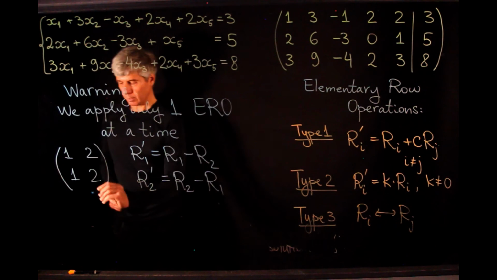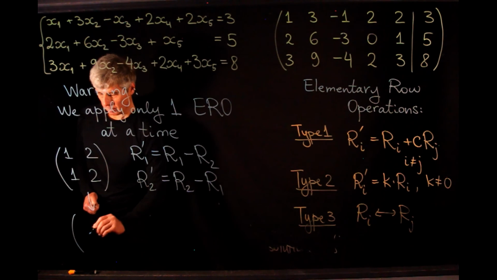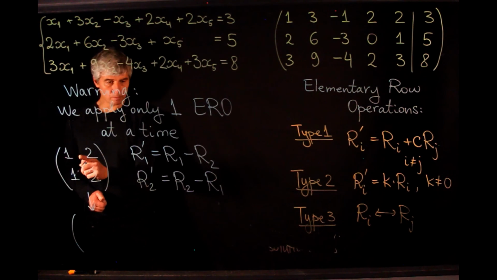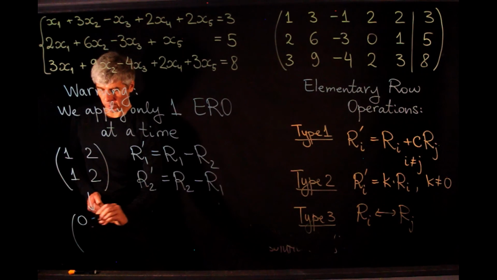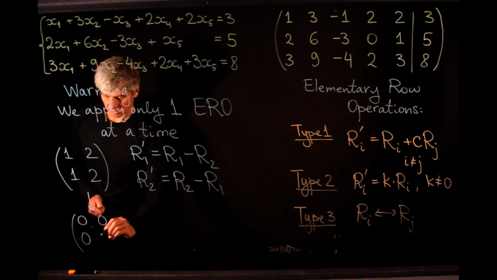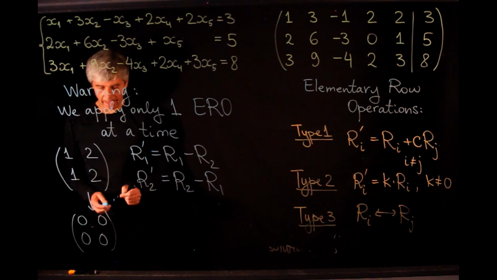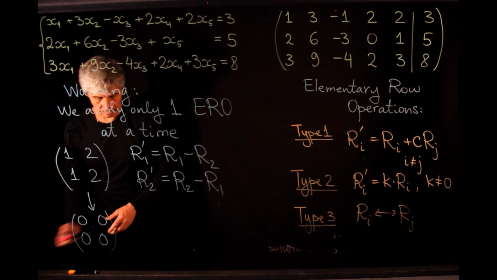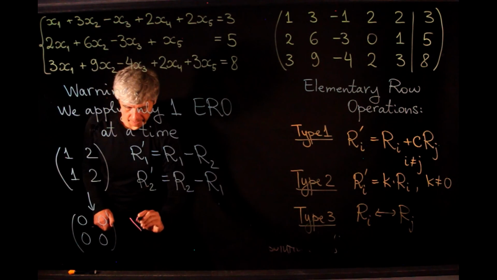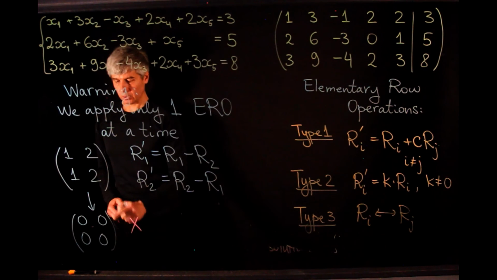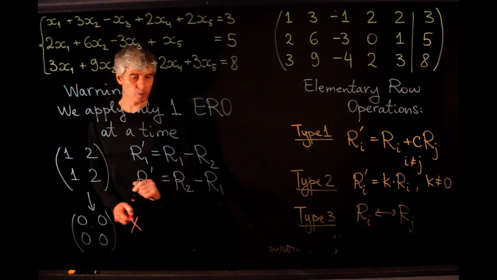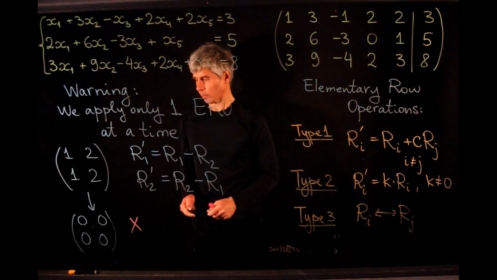So then this will bring this matrix to the matrix where both rows are erased. And so this is obviously wrong. Right? So these two systems will not be equivalent.